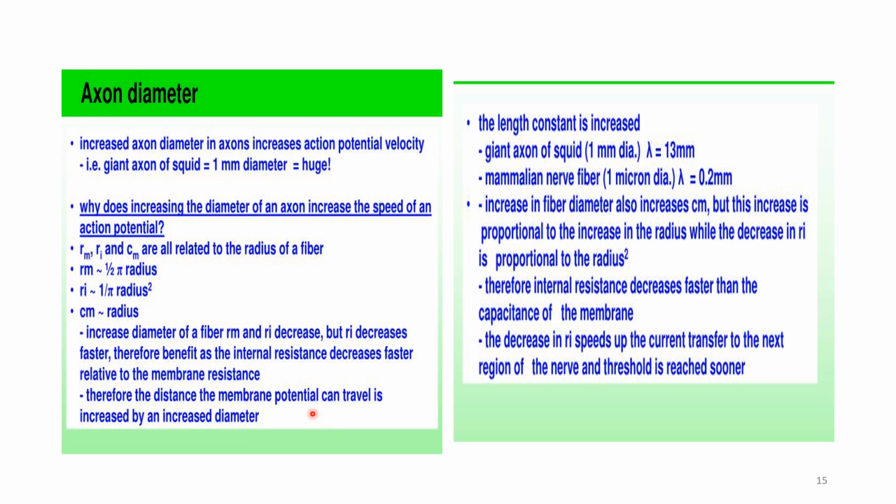So, what is he saying? They are related to radius only. But Ri decreases faster because it depends upon 1 by pi radius square, that is, it is inversely proportional to the square of the radius.